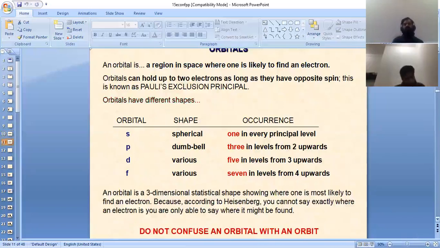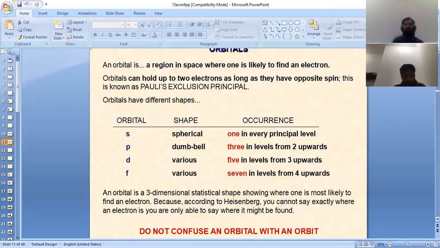So orbital means any 3D shape which has the probability of having that electron. We will say according to Heisenberg, you cannot say exactly where the electron is, but you will say the electron might be here. So orbit is different, orbital is just different. Orbitals are sub shells, orbit is the main shell.